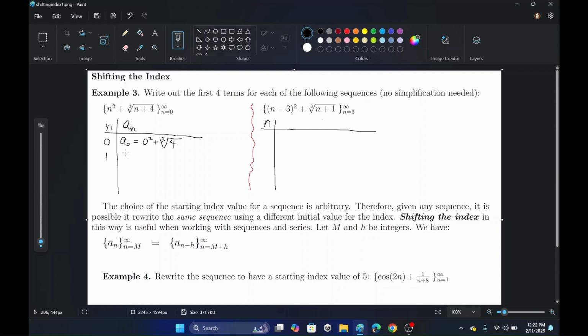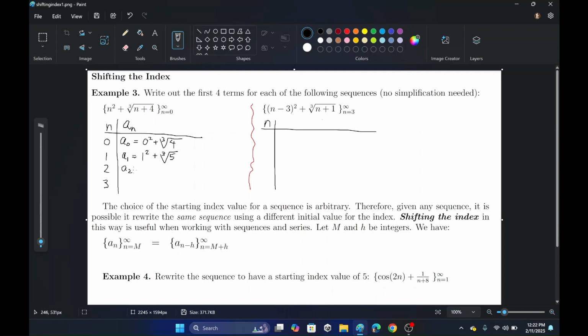If we plug in 1, then we're looking at the term a_1, and we have 1 squared plus the cube root of 1 plus 4, so that's just the cube root of 5. Let's write out a couple more terms here. It's asking for 4 terms, so we have 0, 1, 2, and 3 in our case.